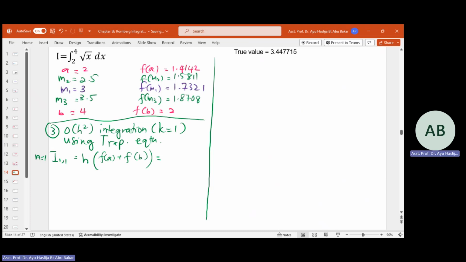Make sure you take the correct figure, f(a), which is this, and f(b). Okay, the h from the earlier part, h here equals 2.